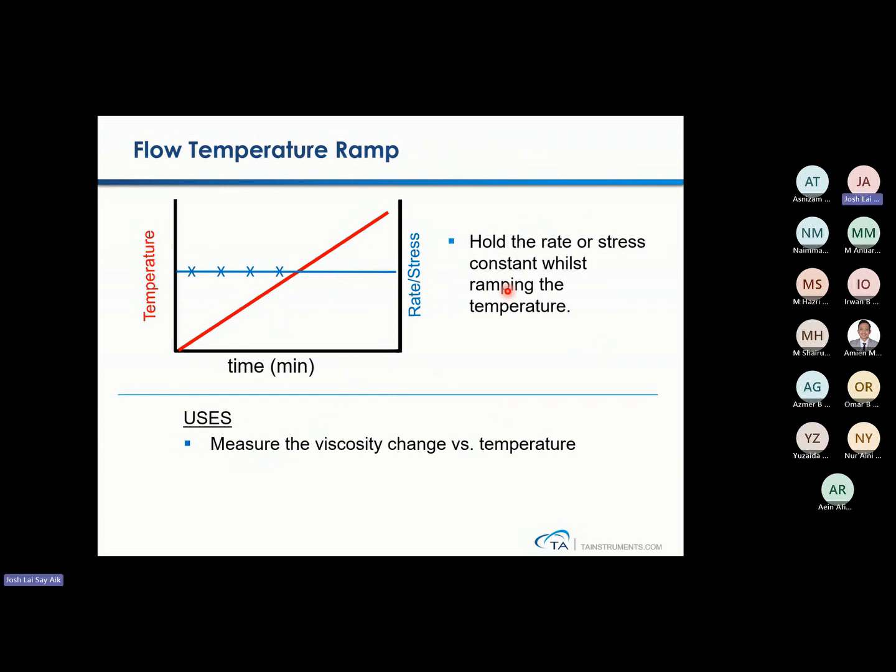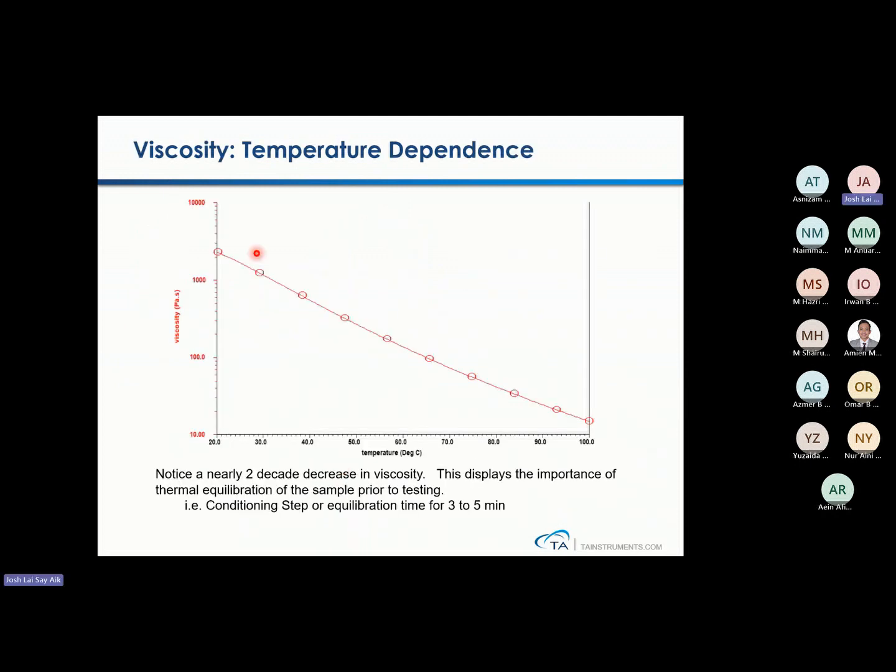But for flow temperature ramp, typically you hold at a single shear rate or single shear stress while you ramp up the temperature, typically to measure viscosity changes versus temperature. So you have the viscosity changing when you increase the temperature.